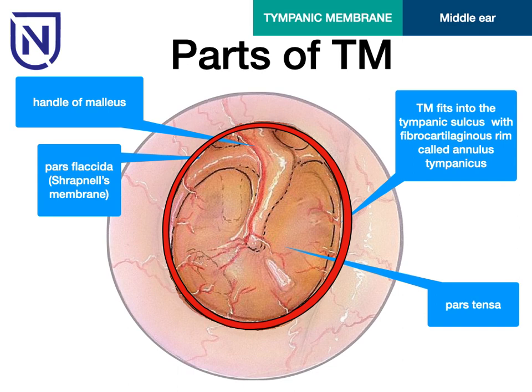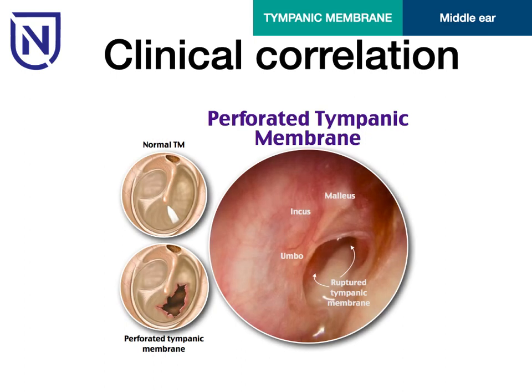The upper part is known as the pars flaccida and the lower part as the pars tensa. You have to draw this diagram when they ask about the tympanic membrane. Clinical aspect: perforated tympanic membrane.